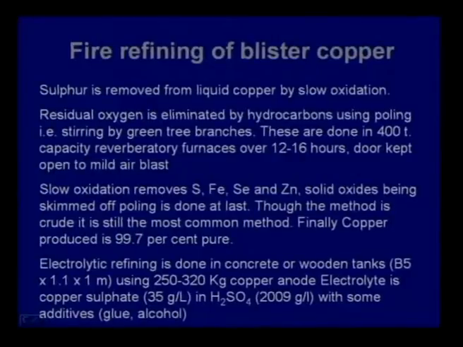Dimensions are roughly given, using 250 to 320 kg copper anodes, thick anodes which are that impure copper, in a copper sulphate solution, 35 gram per liter in sulphuric acid, with some additives like glue and alcohol. Why glue and alcohol? Because we get a nice cathode deposit.